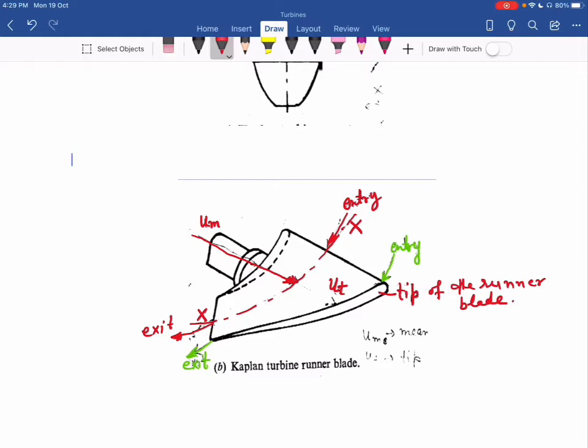So ut is the tangential velocity at the tip of the blade, and um is the tangential velocity at any other section of the blade. So the values of ut and um depend on the radial distance.